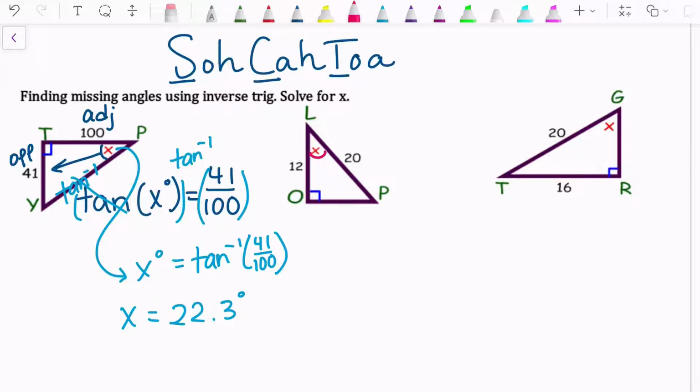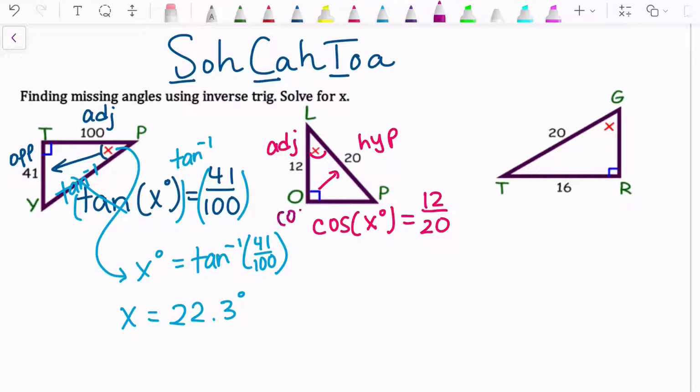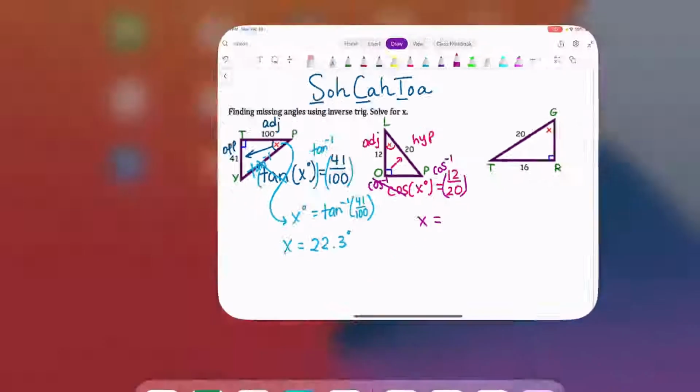All right, another example. We have X here. I'm going to label my sides. Across from 90 is called the hypotenuse. Next to the angle is called adjacent. Since I'm dealing with adjacent and hypotenuse this time, that is the cosine function. So the cosine of angle X is equal to the adjacent over the hypotenuse. Then I'm going to take the inverse cosine of both sides, and that will leave me with X. So I'm going to do inverse cosine of 12 over 20.